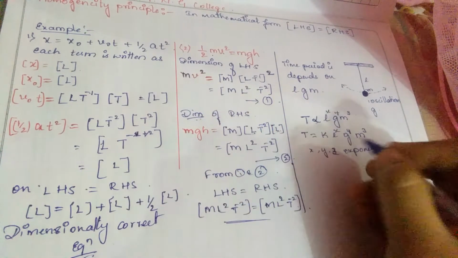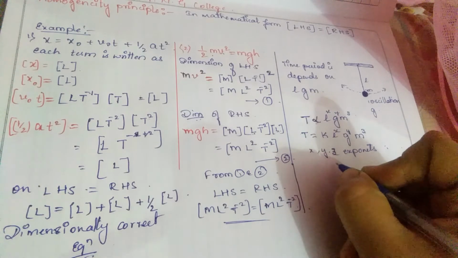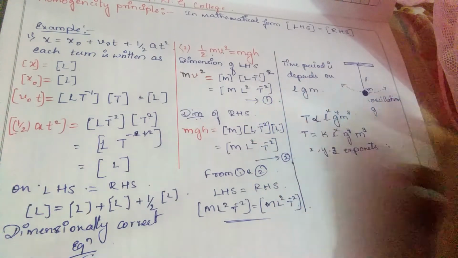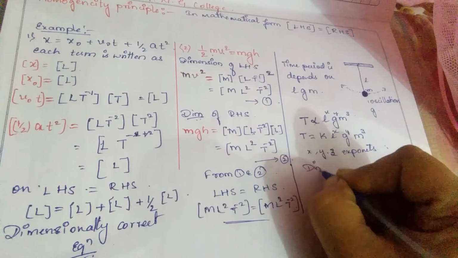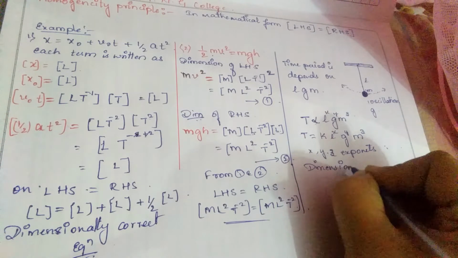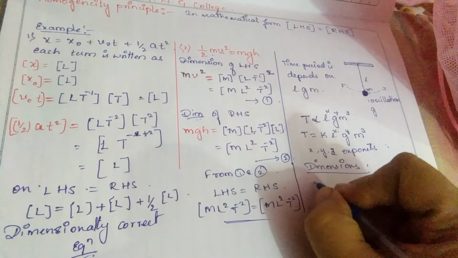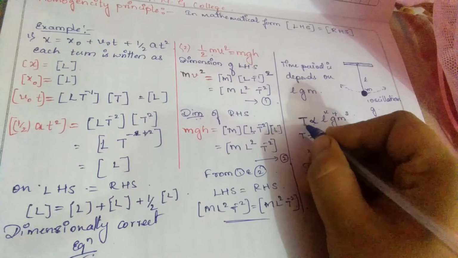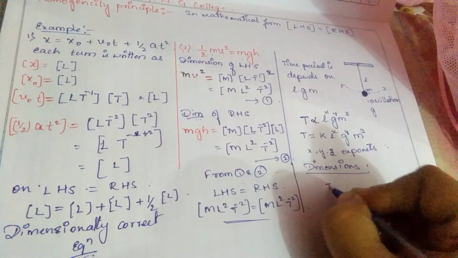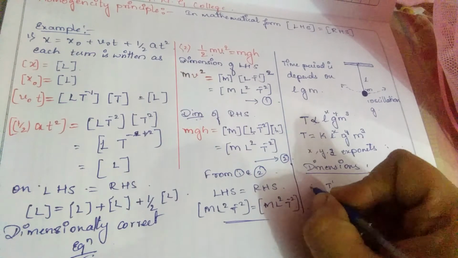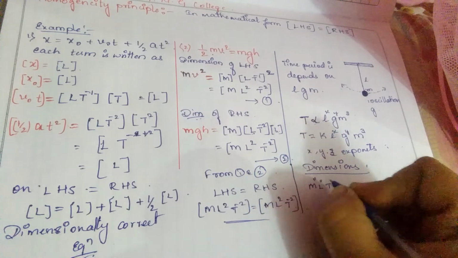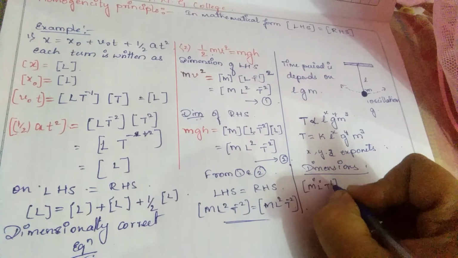Let us study the dimensions on LHS and RHS, on both sides. The dimensions of the time period T is 1, and for M and L, M is 0 and L is 0, for the LHS.